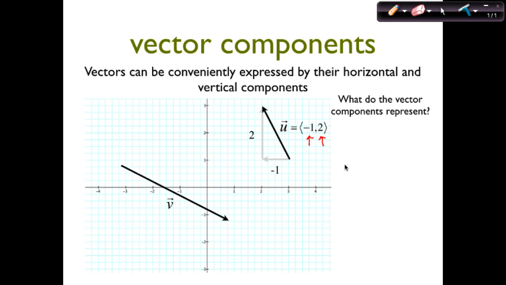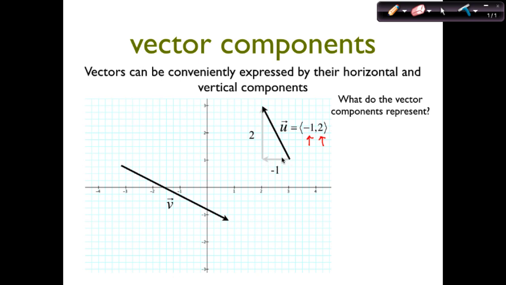Yes, ma'am. Yeah, and we want to save "displacement" for specifically displacement vectors, but that's the right idea. Isn't this -1 kind of like how much the x changes, how much it varies?